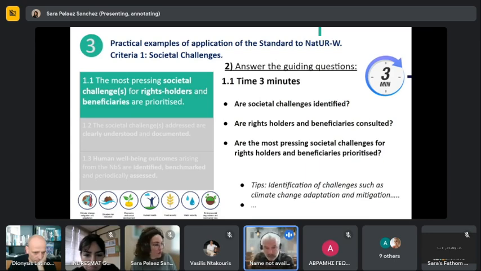It means that healthy fresh food will be provided, grown locally, and will allow them also to learn the techniques required to cultivate food at home or within their local community. So I think that's the three questions answered in relation to that particular proposed NatUR-W solution. Sound good? Yeah, sounds very good.